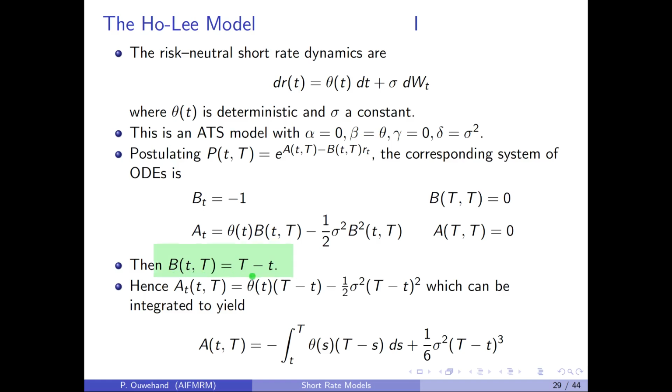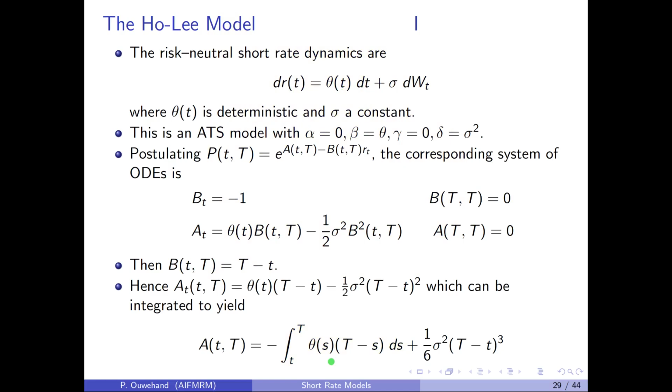If we substitute this expression into the expression for the partial derivative of A with respect to little t, we obtain the following. And thus we can solve for A simply by integrating. Of course, this integral will depend on our choice of theta, which is model dependent.